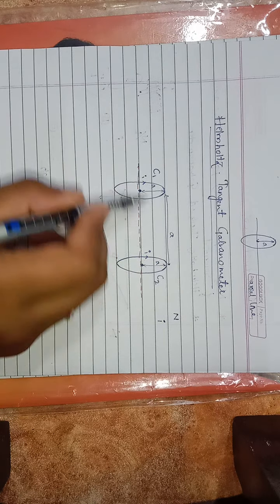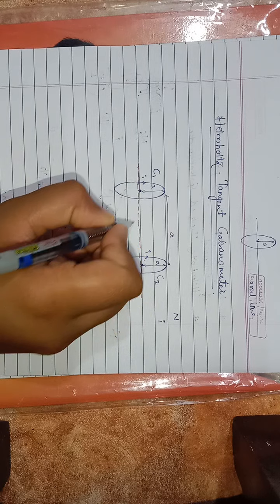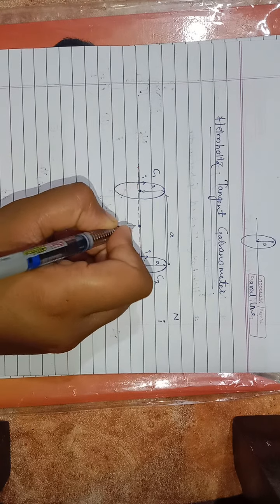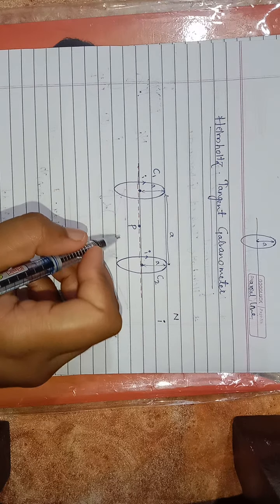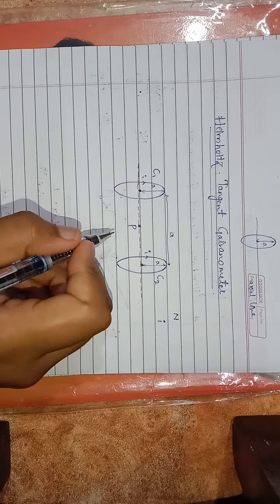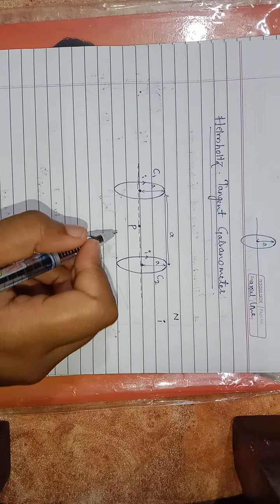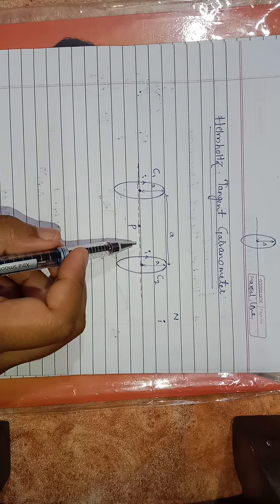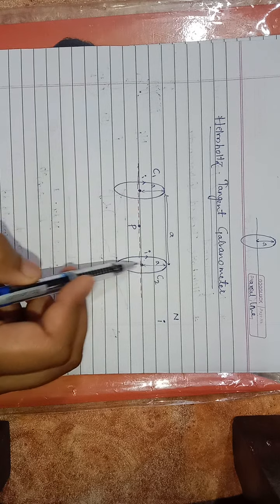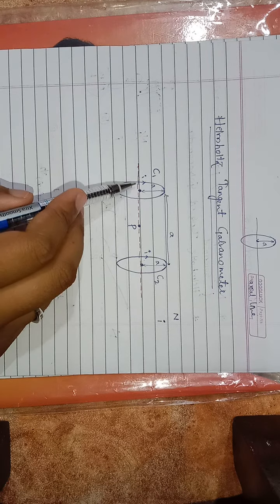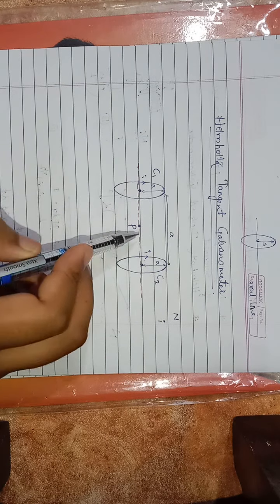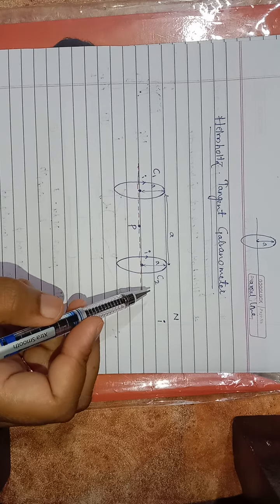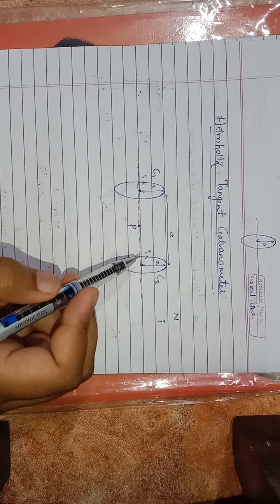In between these two coils we have the midpoint P, which is very important. So now this is the situation: two coaxial parallel coils of the same radius, and current I flowing through them in the same direction. N is the number of turns, and the distance between them is equal to their radius.